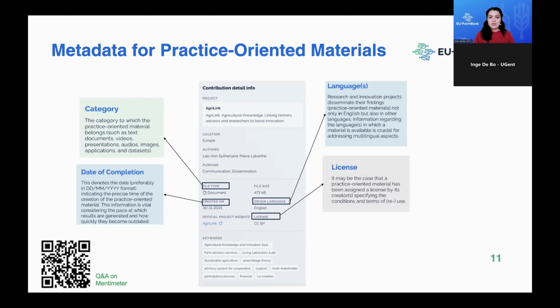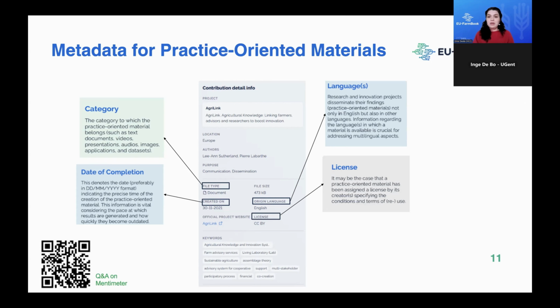The date of completion denotes the date that indicates the precise time of the creation of the practice-oriented material. Of course, if we have this information in the document, it's important to add it. If not, we can add the date of the ending of the project, or if we don't have that at all, we can always add the beginning date of the project.